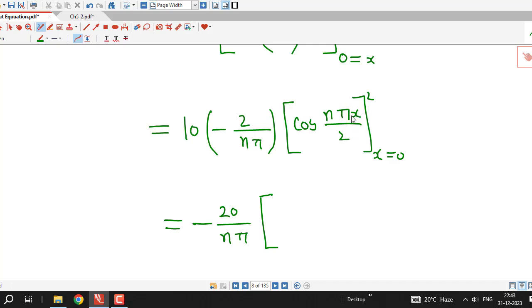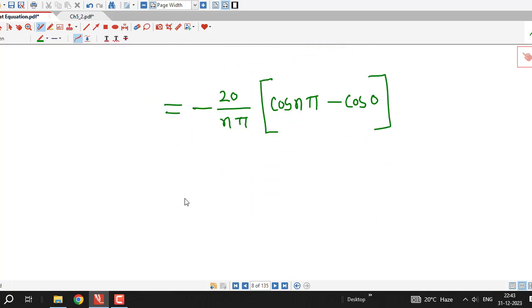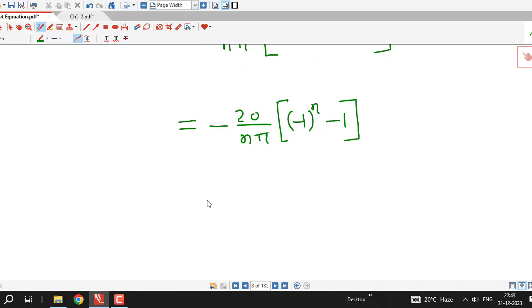If I take x equal to 2 here, these 2 will get cancelled, and I am left with cosine of nπ minus cosine at x equal to 0. And we know that cosine of nπ is nothing but (−1)^n, and cos 0 is 1. If I take the negative sign inside the bracket, I will have 1 minus (−1)^n.